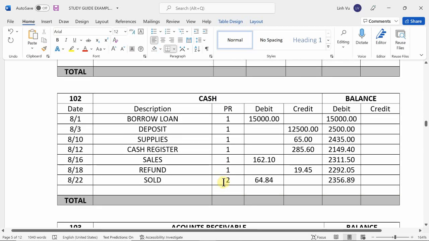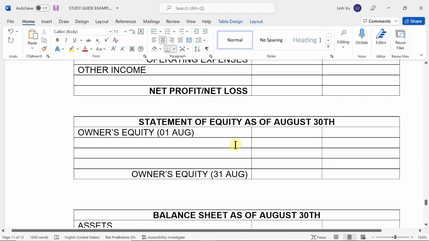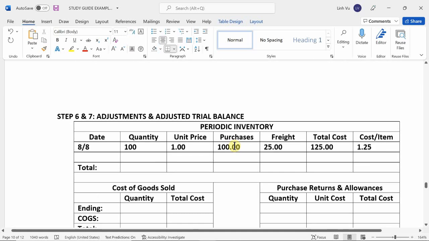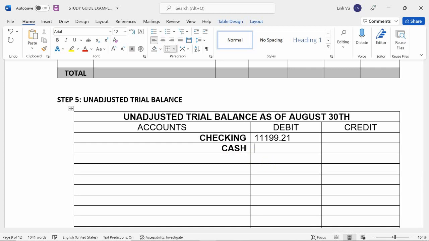My cash account, I have a total of $2,356.89, on the debit side.